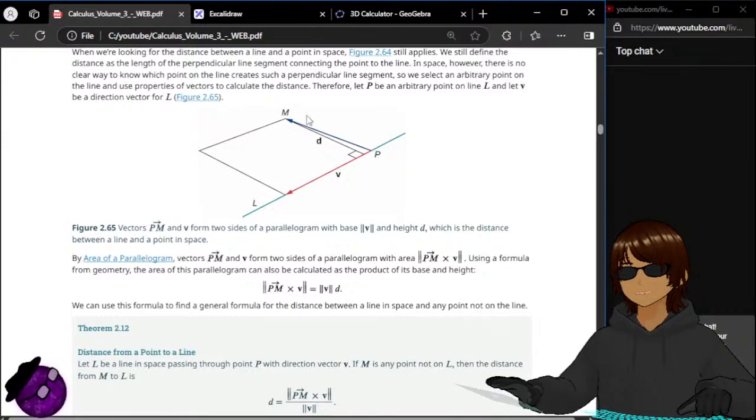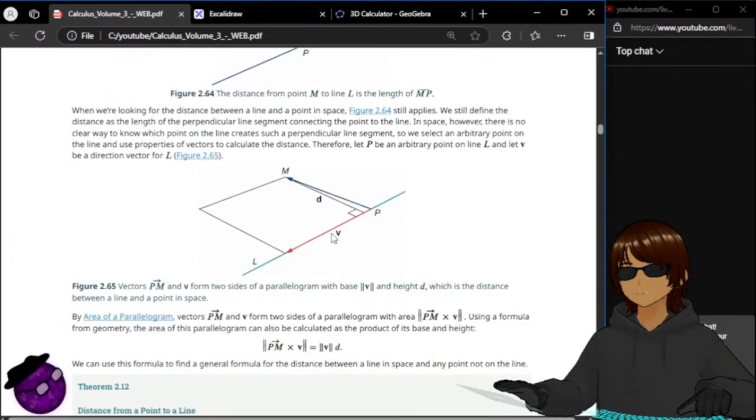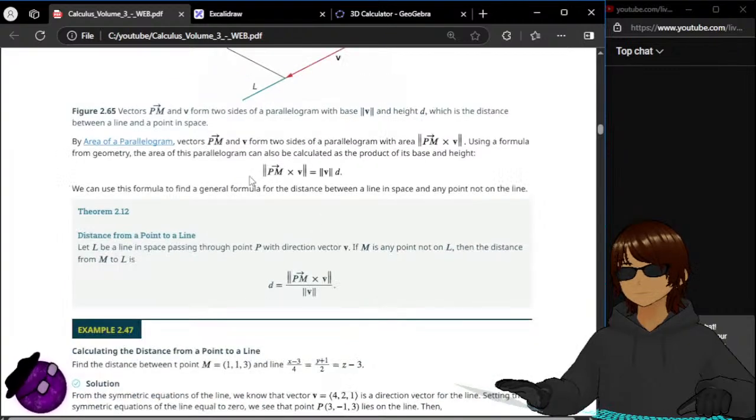So the magnitude of the cross product gives the area of a parallelogram. We are dividing it by the base v, because the magnitude of v times this gives the area of the parallelogram.